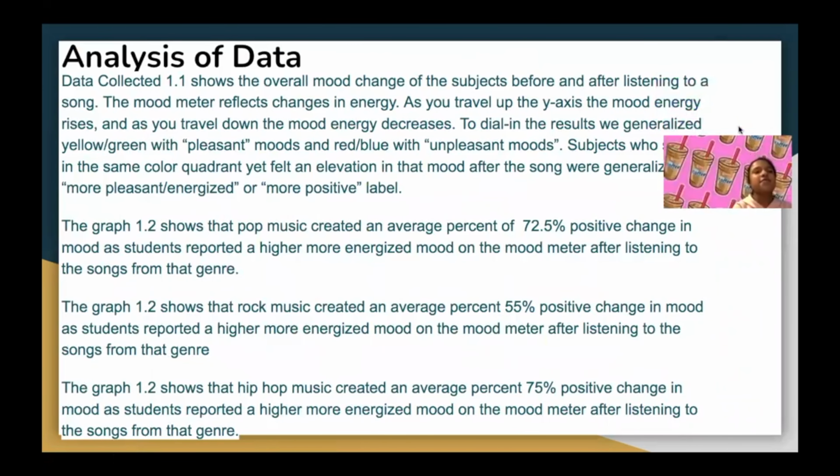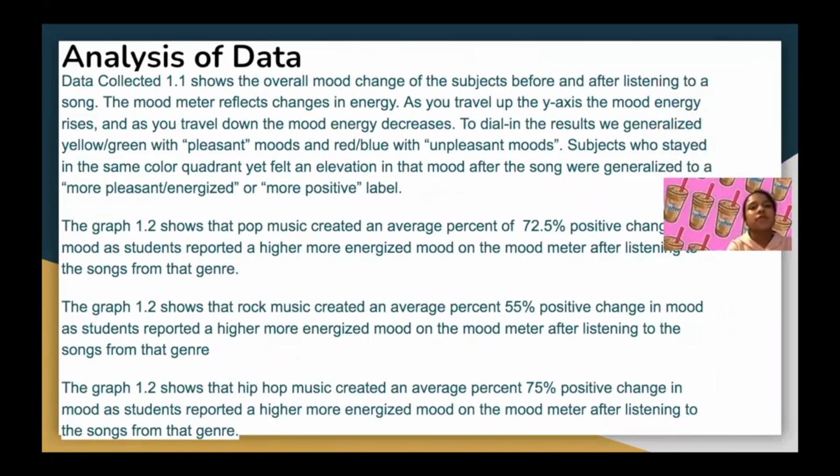Analysis of data. Data collected 1.1 shows the overall mood change of the subjects before and after listening to a song. The mood meters reflect changes in energy as you travel up the y-axis. The mood energy rises as you travel up, and as you travel down, the mood meter energy decreases.